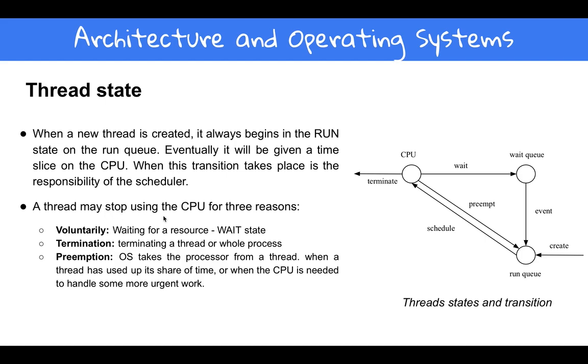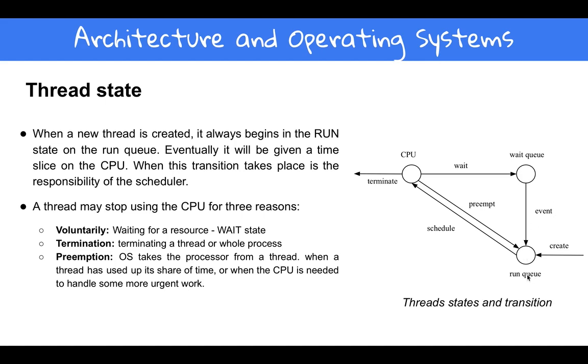A thread may stop using the CPU for three reasons. These threads in the run queue may not go to the CPU and have to wait. One of them is when they are in the wait state voluntarily, waiting for an event to occur.